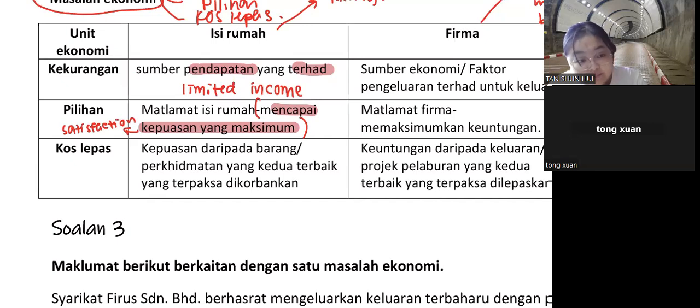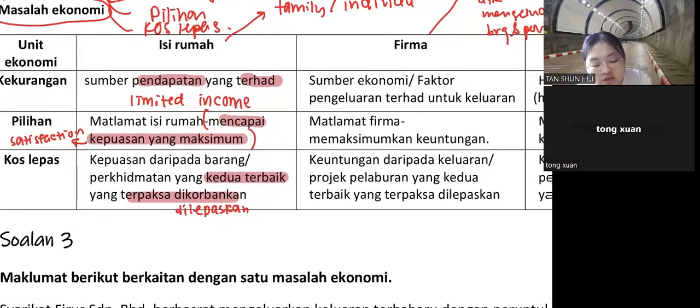When you have chosen, the leftover, we call it yang kedua terbaik, will be sacrificed. Means you got to let go. If you don't want to write korban, you can write lepas. It's the same thing.